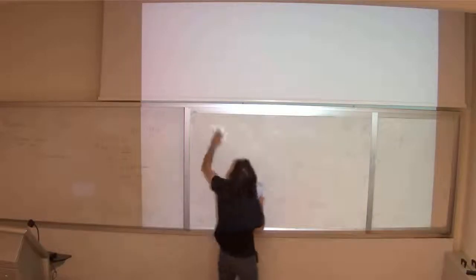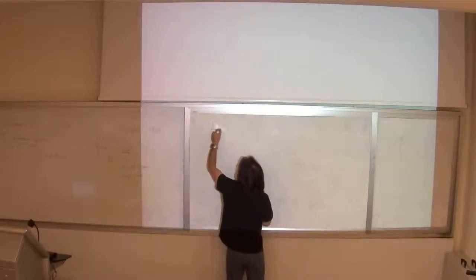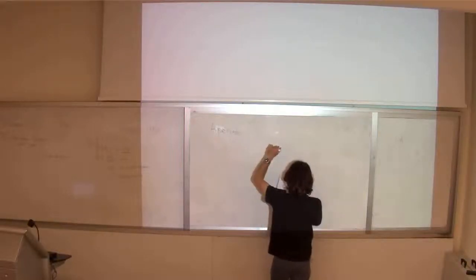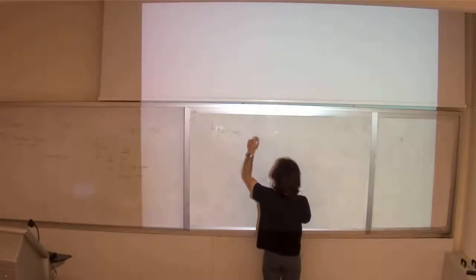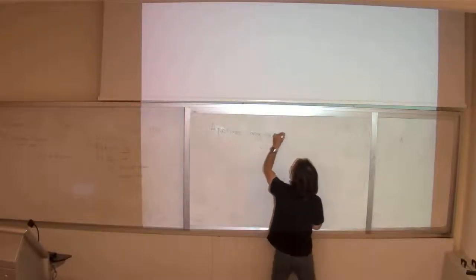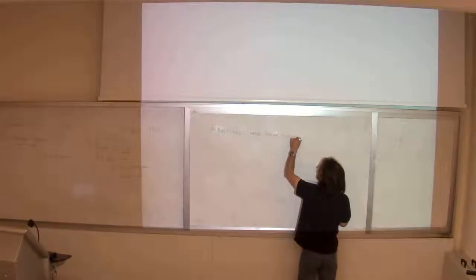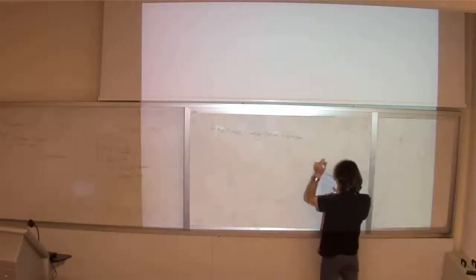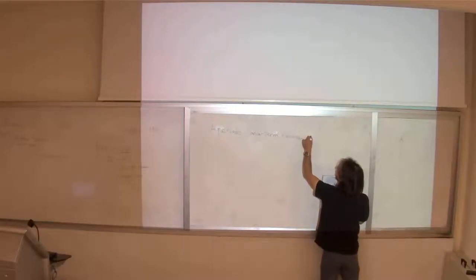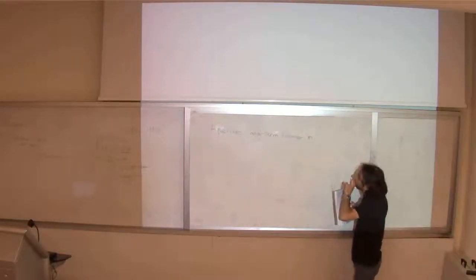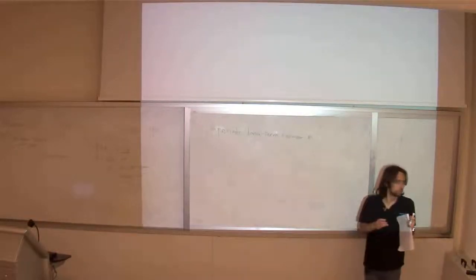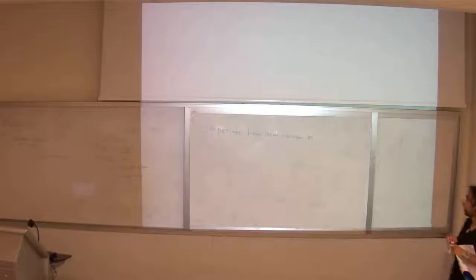Our definition for chaos is aperiodic long-term behavior. Aperiodic infinite. What? Aperiodic final. Final? Infinite. Yeah.